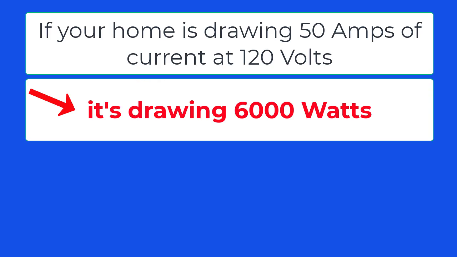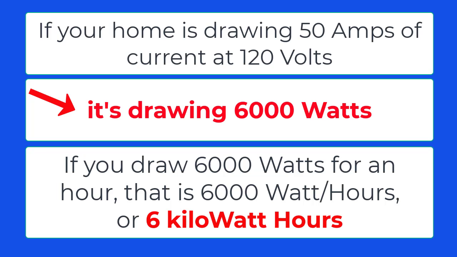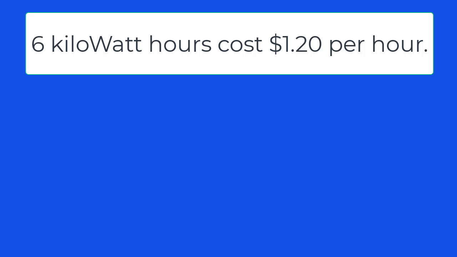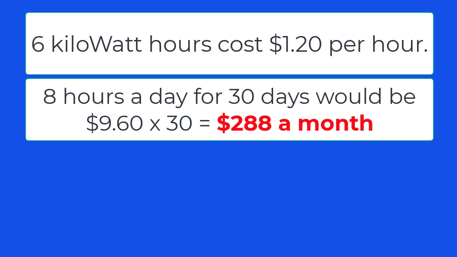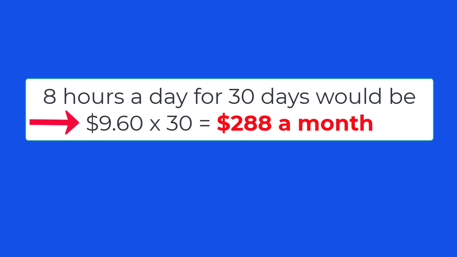If you draw 6,000 watts for an hour, that is 6,000 watt hours, or 6 kilowatt hours. How much would it cost at 20 cents per kilowatt hour? It would cost $1.20 an hour. If you did that for 8 hours a day for 30 days, that would be $9.60 times 30, or about $288 a month.